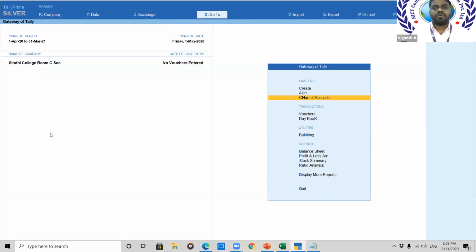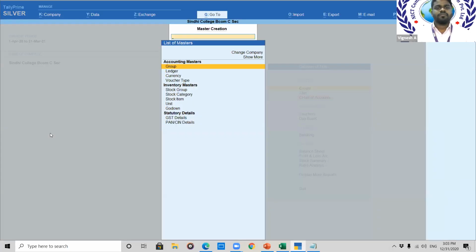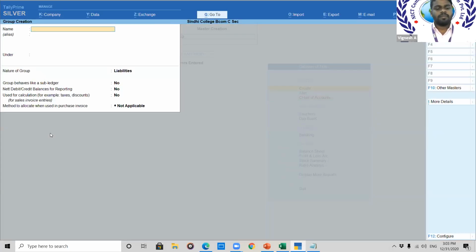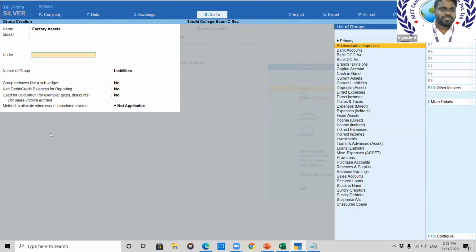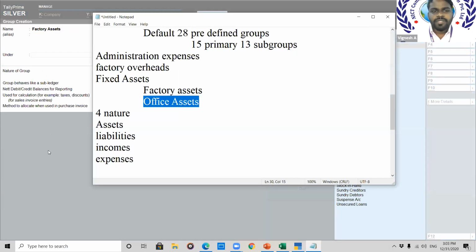To create that, go to the create option, group. I'm creating the first group as factory assets. Should I put it under primary? No. I told you I want to group it under fixed assets.